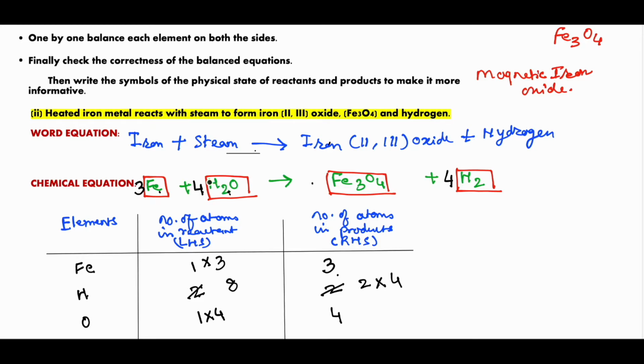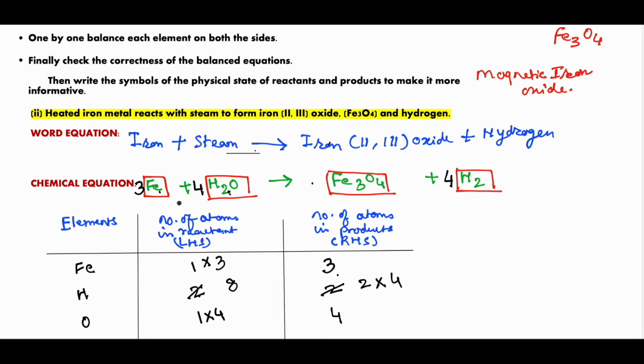4 times 2, that is 8 hydrogen atoms on the left hand side. 4 times 2, that is 8 hydrogen atoms on the right hand side. Then 4 times 1, that is 4 oxygen atoms on the left hand side and 1 times 4, that is 4 oxygen atoms on the right hand side.